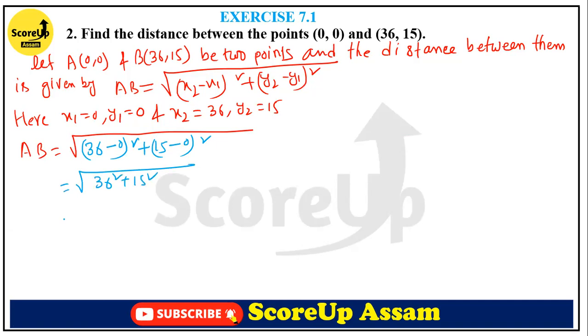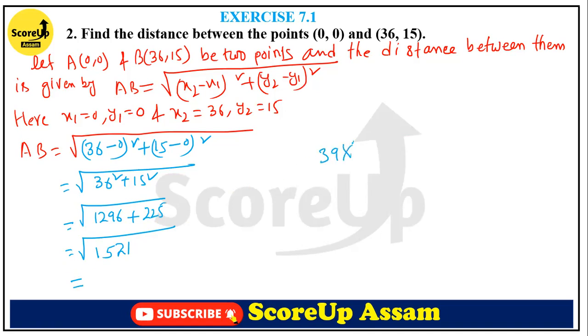So it will be what? 36 square means 1296. 15 square means 225. So if we add, what will we get? We will get root over 1521. So it will be 39 square.